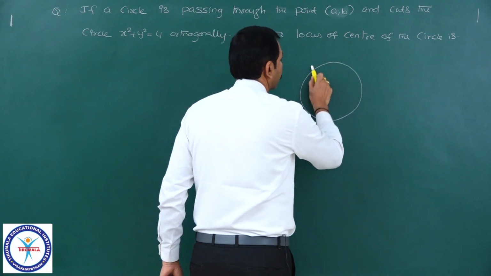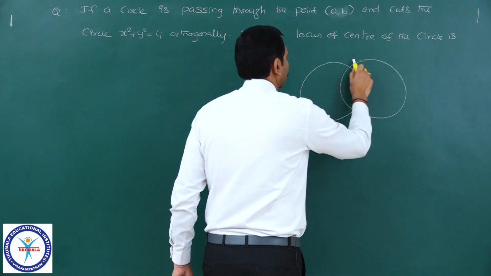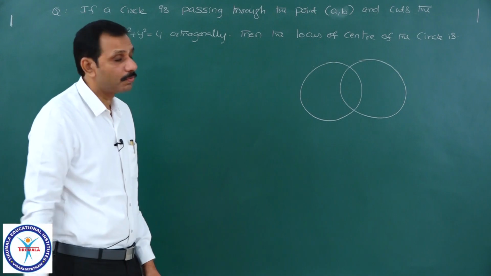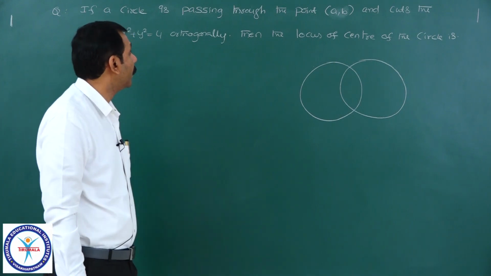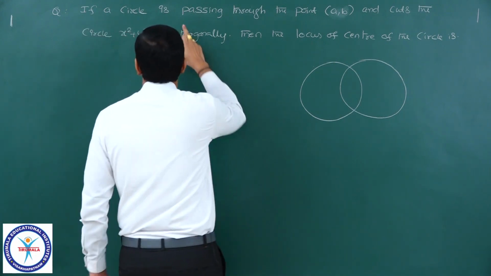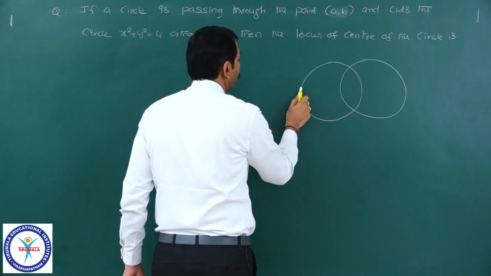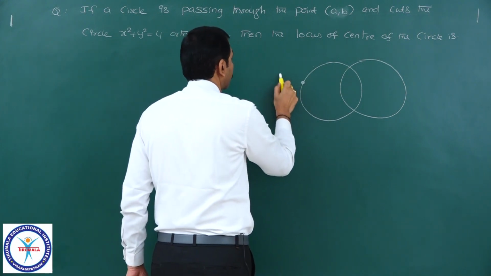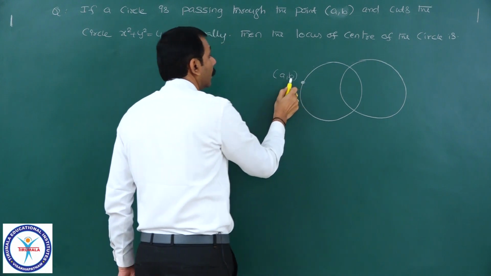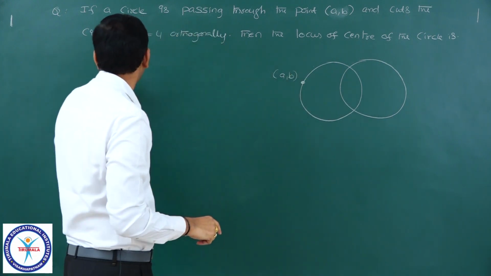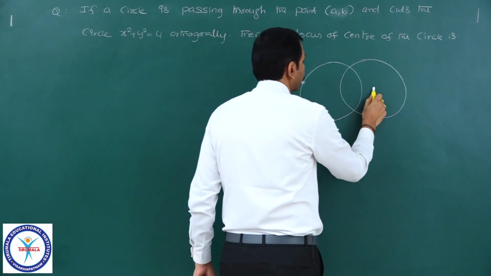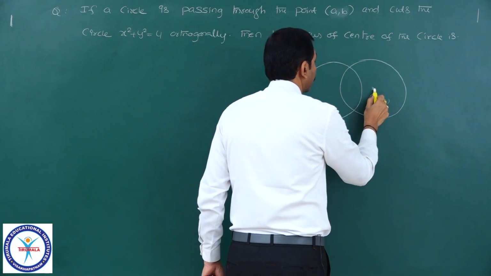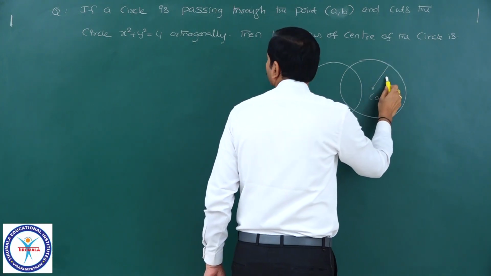Here one circle is there, here another circle is there. These two circles intersect orthogonally. Of course, as given, the first circle is passing through a point (a, b) and intersects the second circle orthogonally. What is the second circle's center? (0, 0), and of course the radius of this circle is 2.